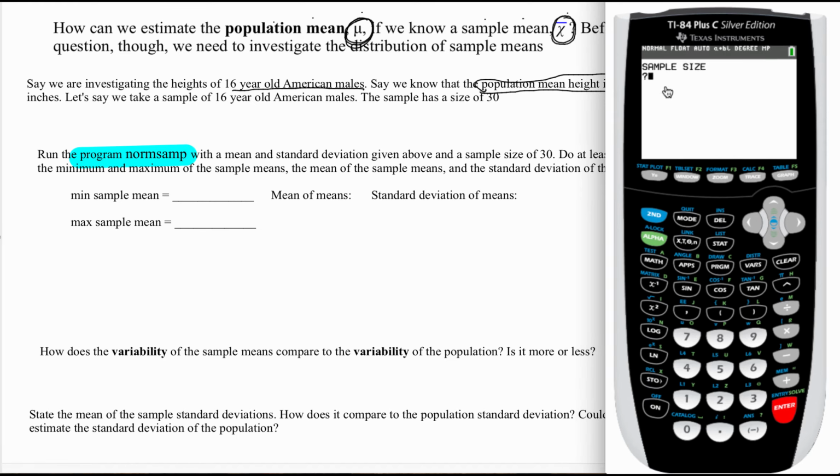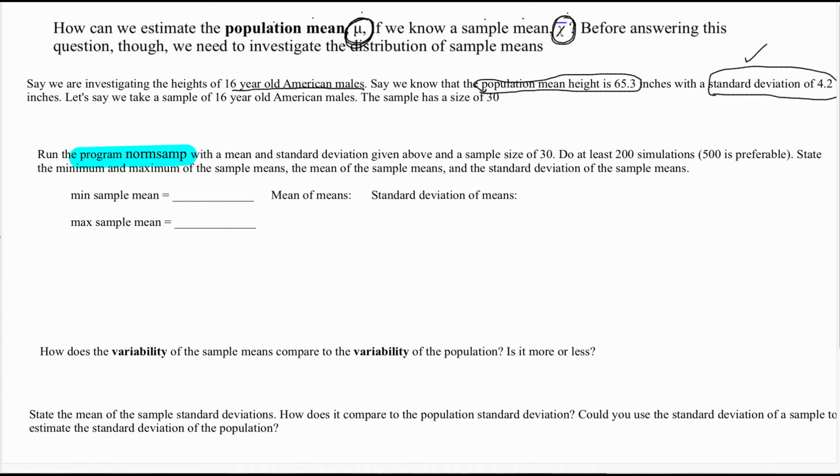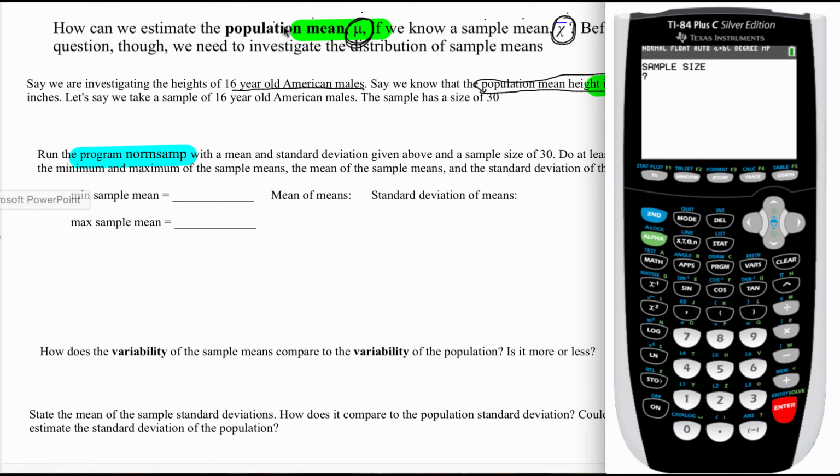Now it's asking me sample size. Okay, so I'm telling this about the population. I told the calculator, hey, I got some population here where the population mean, mu, was 65.3, and the standard deviation of that population was 4.2. All right, so they're like, okay, we've got the basics now. We're going to just randomly select how many sample size? 30.